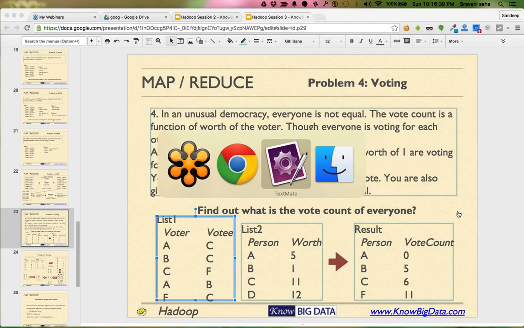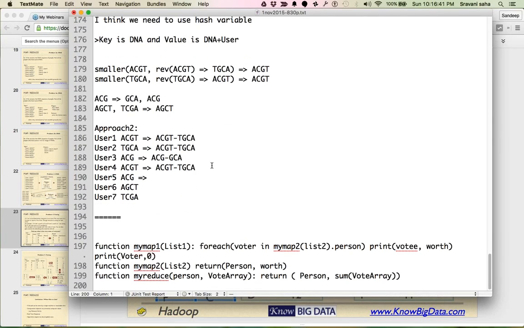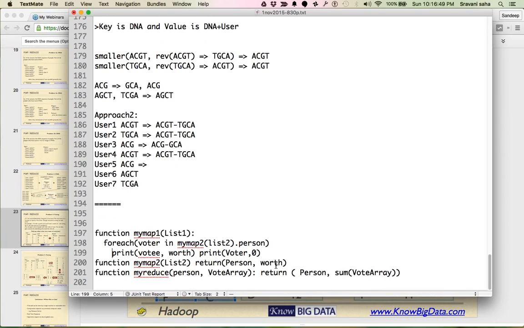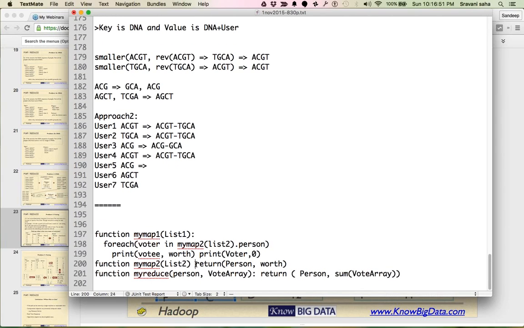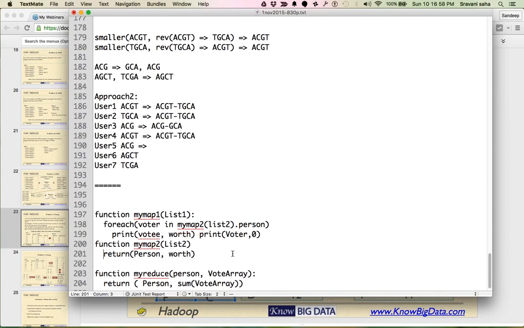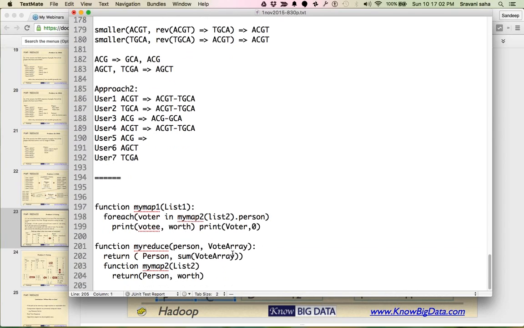Let me just copy his answer into the chat. Okay, so we will first look at the worth.